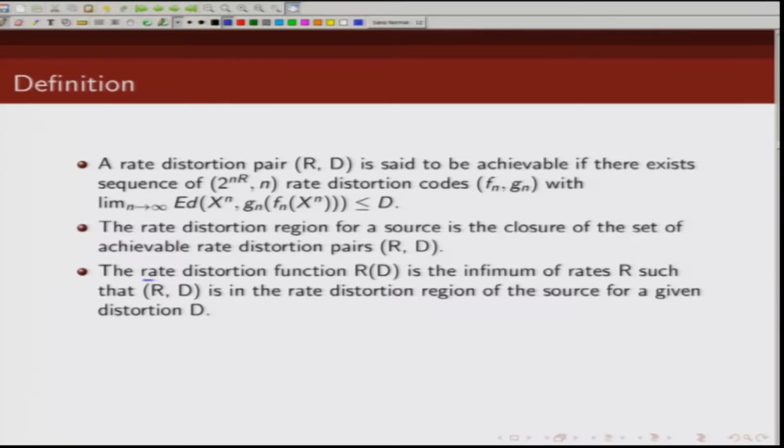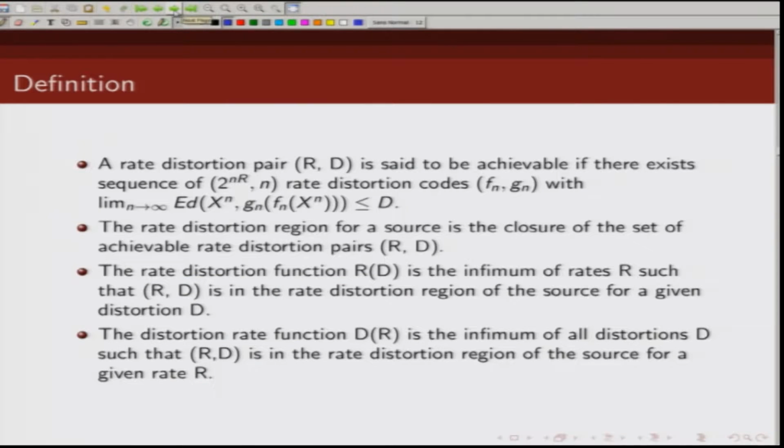And we define a rate distortion function as the infimum of all rates R such that this rate distortion pair is in the rate distortion region of the source for a given distortion. Similarly, we can also define the distortion rate function. This distortion rate function is defined as the infimum of all distortions D such that this pair, rate and distortion, is in the rate distortion region of the source for a given rate R.